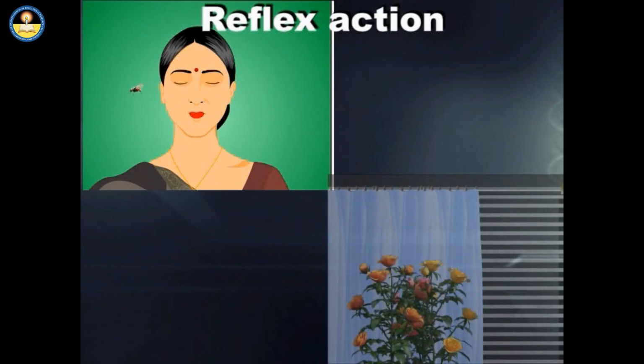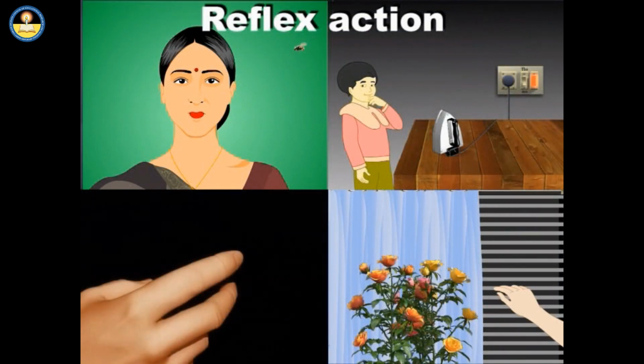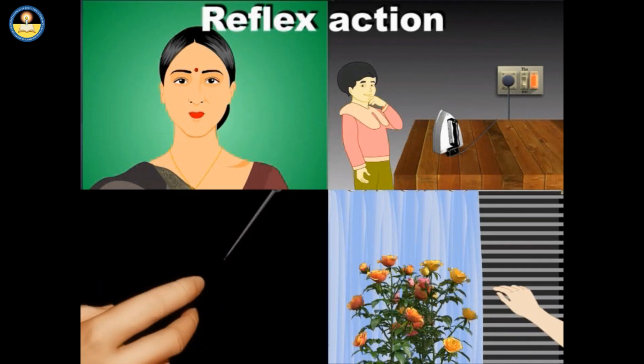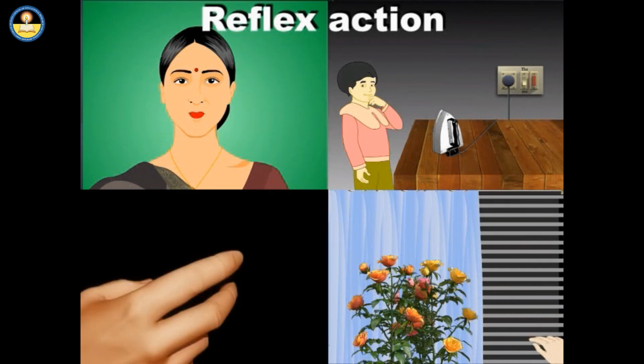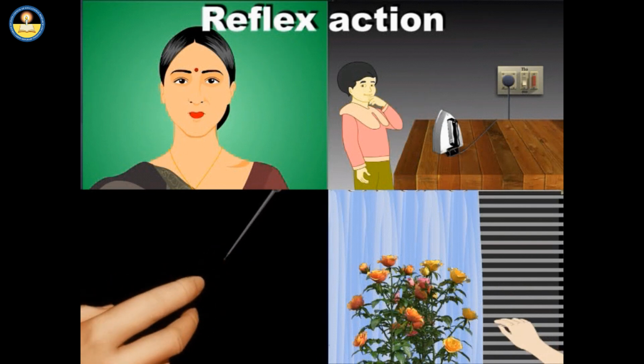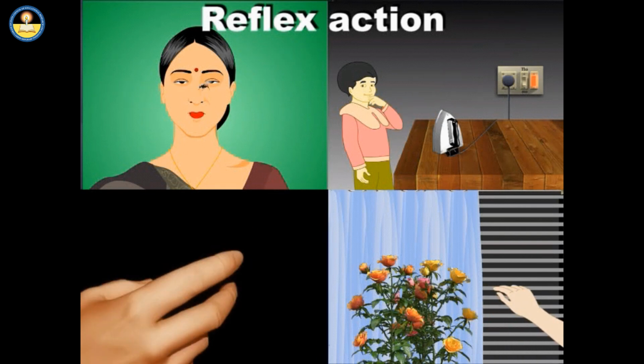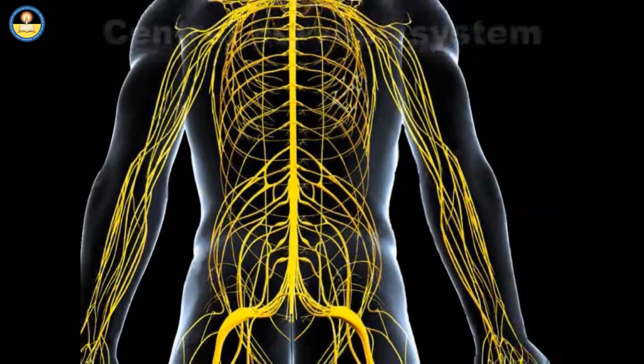So, in all these examples of reflex actions, the purpose was to prevent you from any injury which could happen due to sudden change in the environment. Reflexes occur without our thinking. Brain is not involved in the execution of these reflexes.